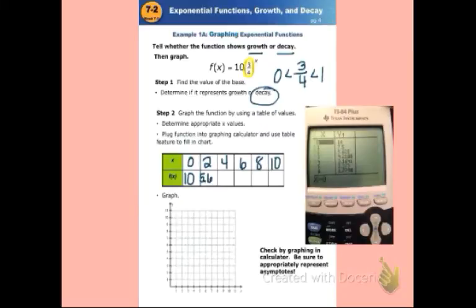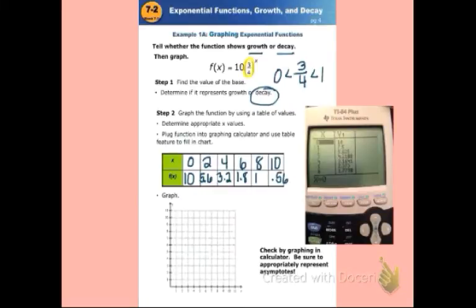The next one in my table is 4, which is about 3.2. The next is 6, which is about 1.8. For an input of 8, it's about 1.0011, so about 1. And for 10, it's about 0.56.